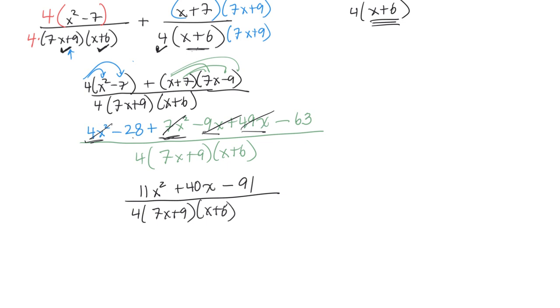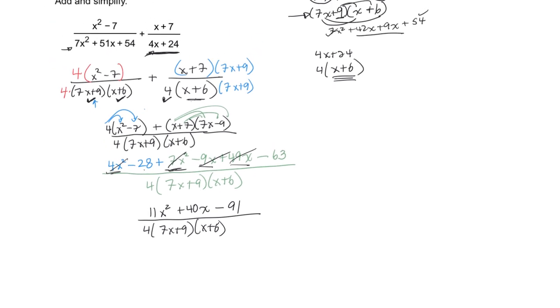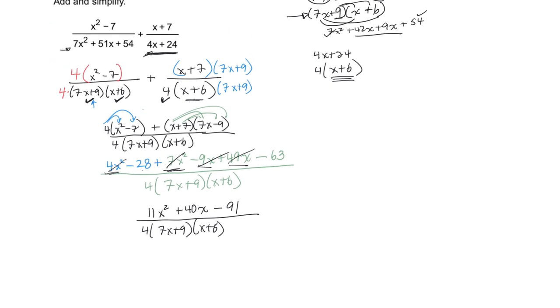Now at this point, I'm pretty happy because I've been able to factor things, found a common factor, applied that to the top and bottom, multiplied it all out together, and collected like terms. I think I'm pretty good.